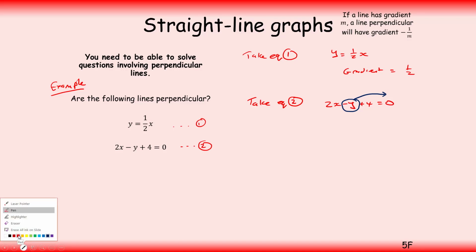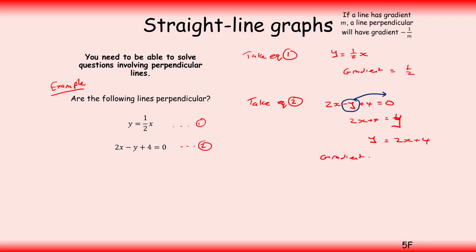So when we do that, we've got 2x plus 4 is equal to y, or y is equal to 2x plus 4. The gradient is equal to 2. Now if we multiply them, a half times 2, we get 1. So the lines are not perpendicular. Not perpendicular.